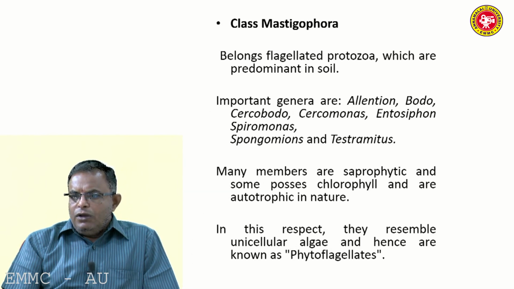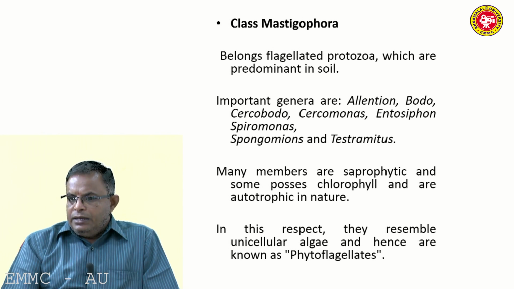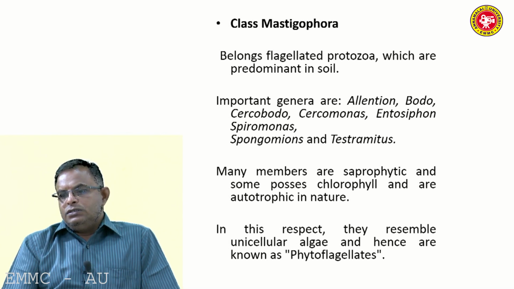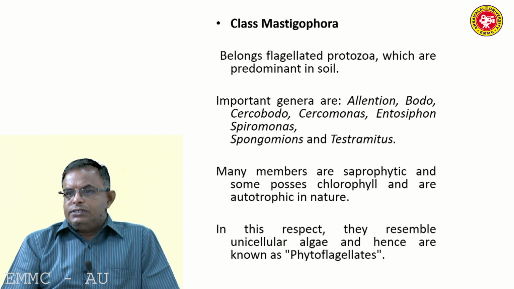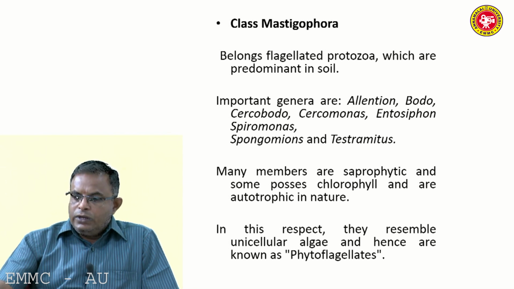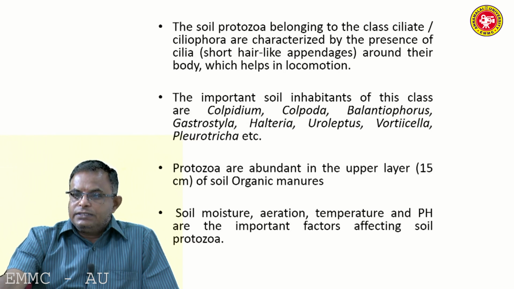Mastigophora belong to the flagellated protozoa, which are predominant in soil. Important genera of Mastigophora are Allantion, Bodo, Cercobodo, Cercomonas, Entosiphon, Spiromonas, Spongomonas and Tetramitus. Many members are saprophytic and some possess chlorophyll and are autotrophic in nature. In this respect they resemble unicellular algae and hence are known as phytoflagellates.